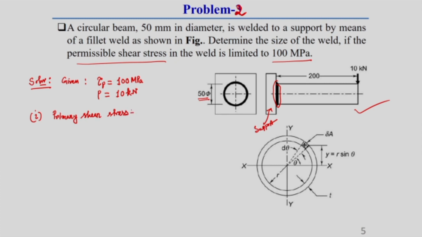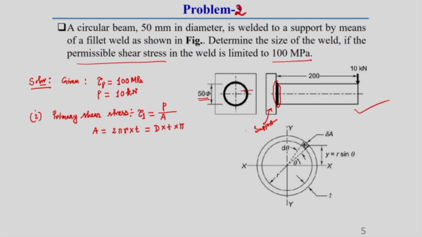Here primary shear stress, tau 1, is equal to the applied force P divided by the cross sectional area in the throat region of the full weld. So, the cross sectional area in the throat thickness position will be 2 into pi into r of this shaft into T, or you can say 2r equal to diameter d of this circular shaft, d into T into pi, that also you can write. So, this is the total cross sectional area at throat location.